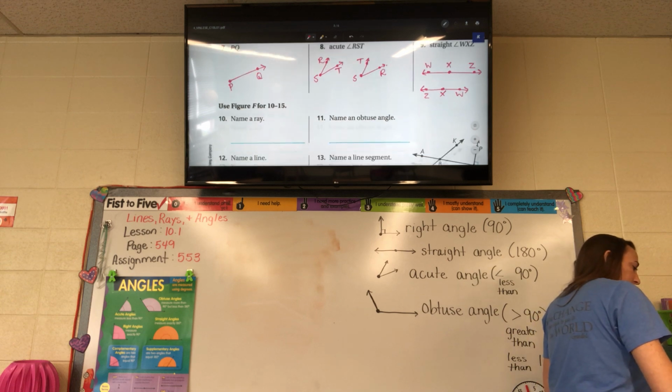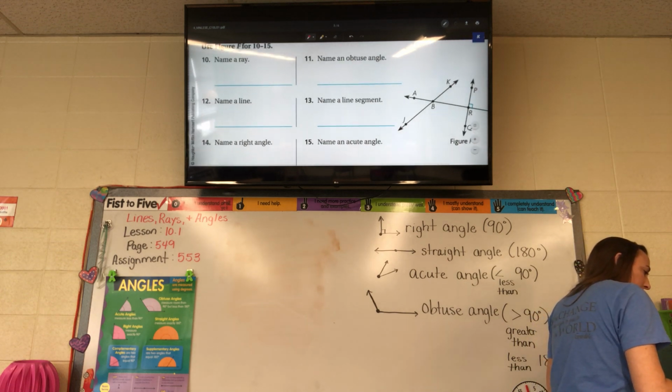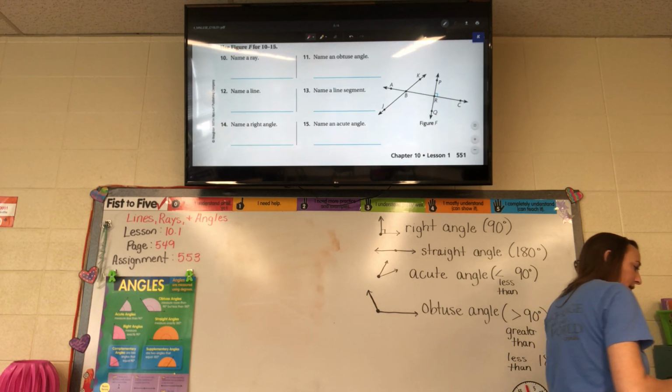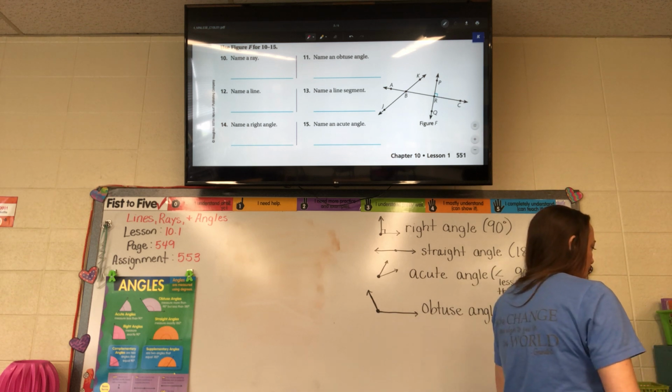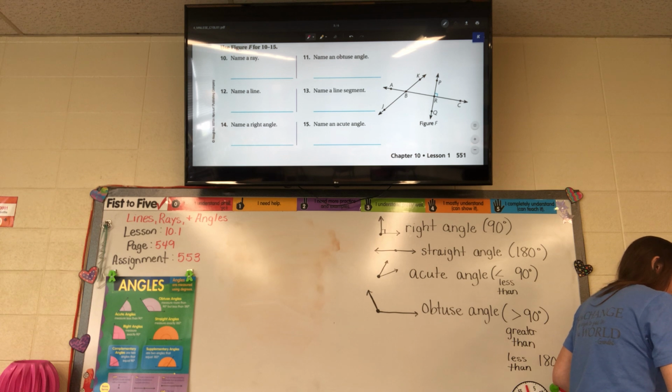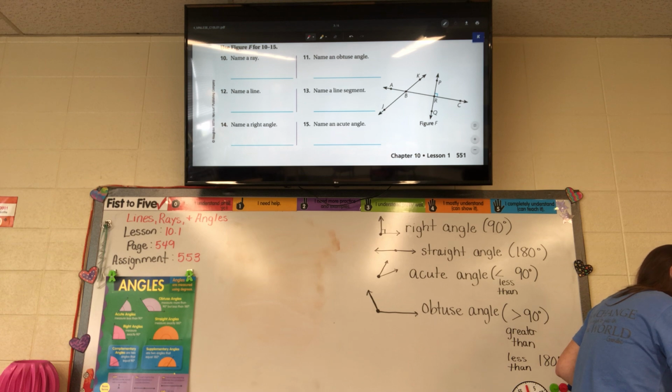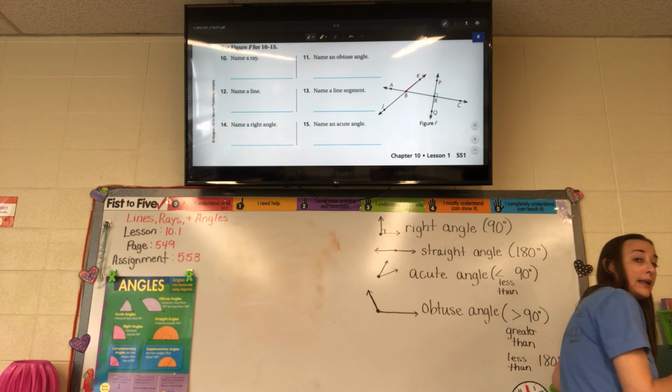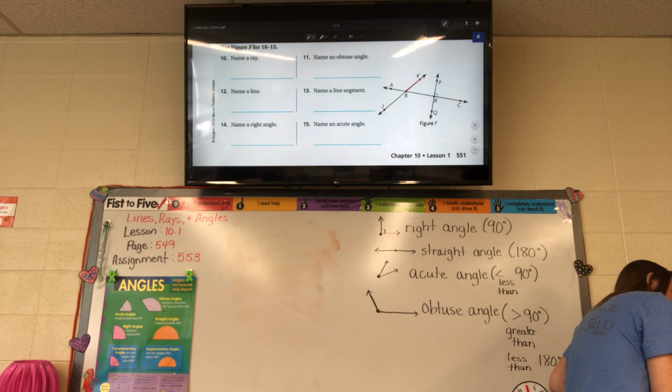Okay, so then they're going to give us this figure over here and they want us to name stuff. Okay, so first they want us to name a ray. So there's a lot of them here. You could go ray BK, not KB, because remember rays only go one way.